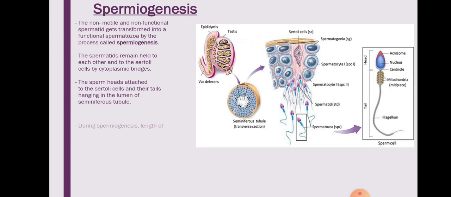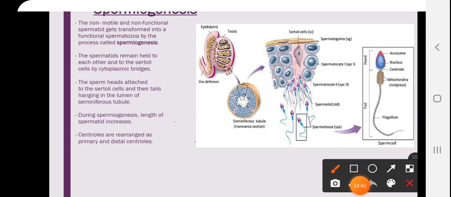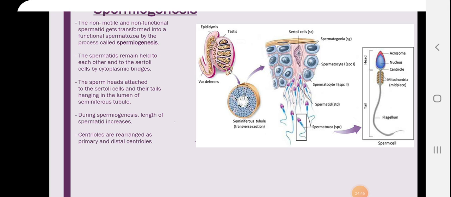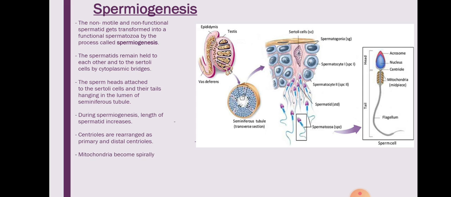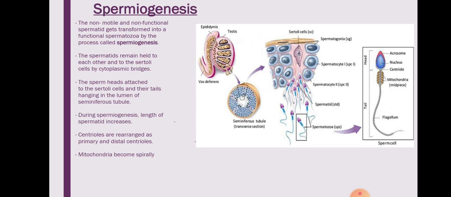Then during spermiogenesis, the length of the spermatid increases. Centrioles are rearranged as proximal and distal centrioles. Now here at the neck region, you can see the centrioles are present. Then mitochondria become spirally coiled and the acrosome is formed from the Golgi body.